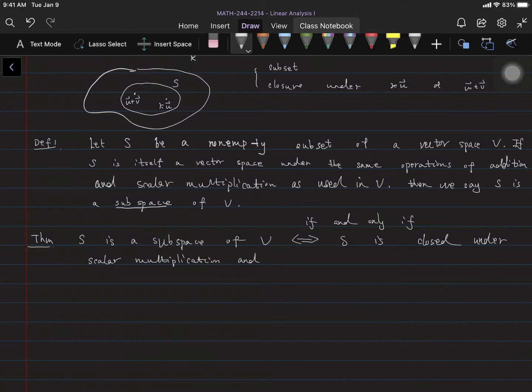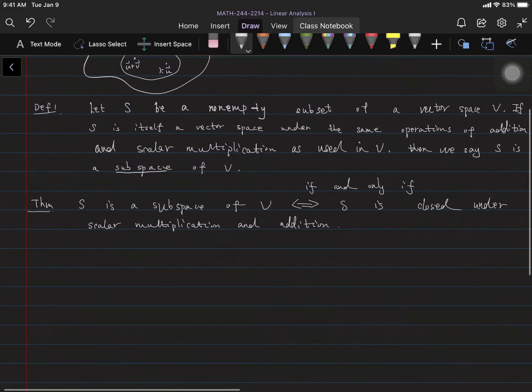So what does closed mean? For example, this symbol means belongs to.